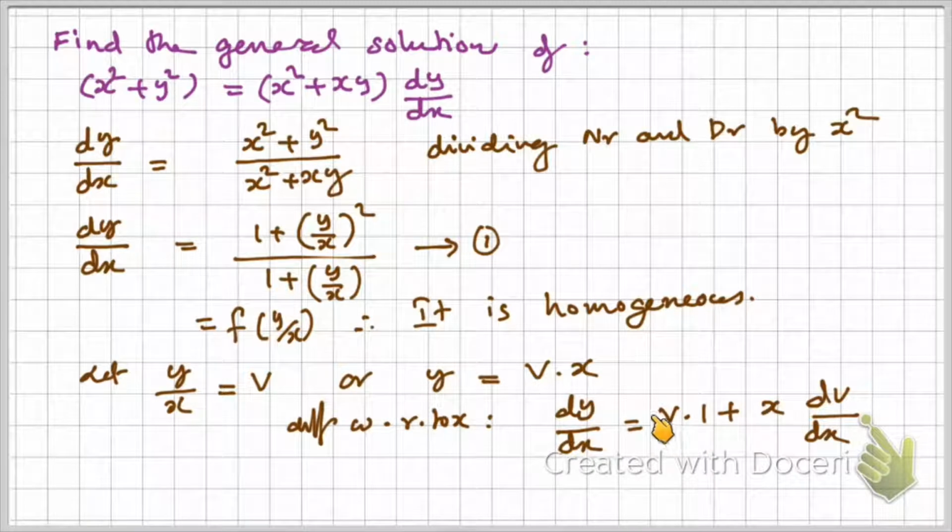So that's the product rule. Once again, v into first function into derivative of the second is 1, plus second function x into derivative of the first, which is dv by dx, because we are differentiating with respect to x.